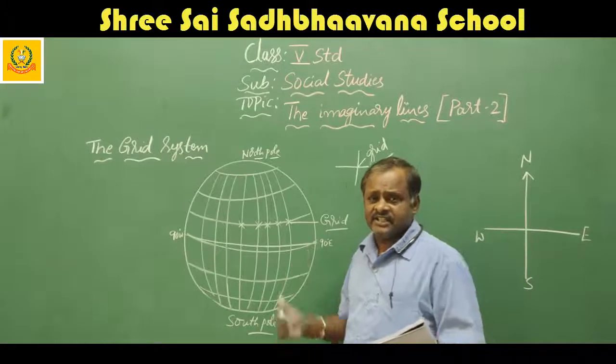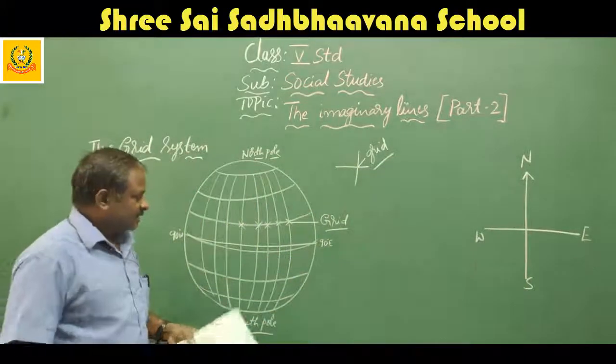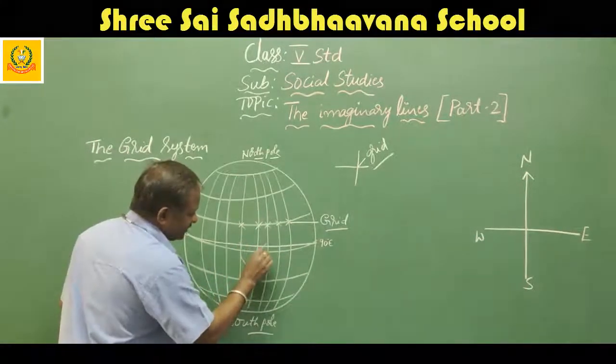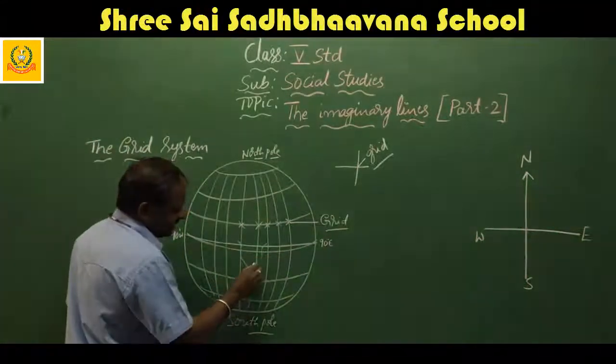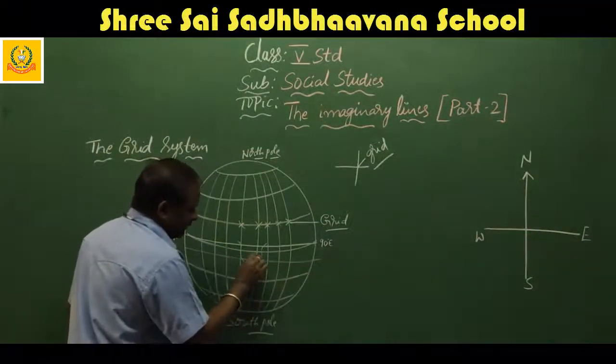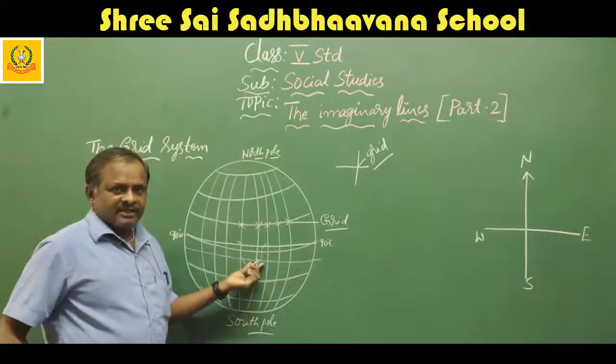What is the use of this grid system? For example, our India is here. If you look at our India, then we will locate the place of India by this grid system.